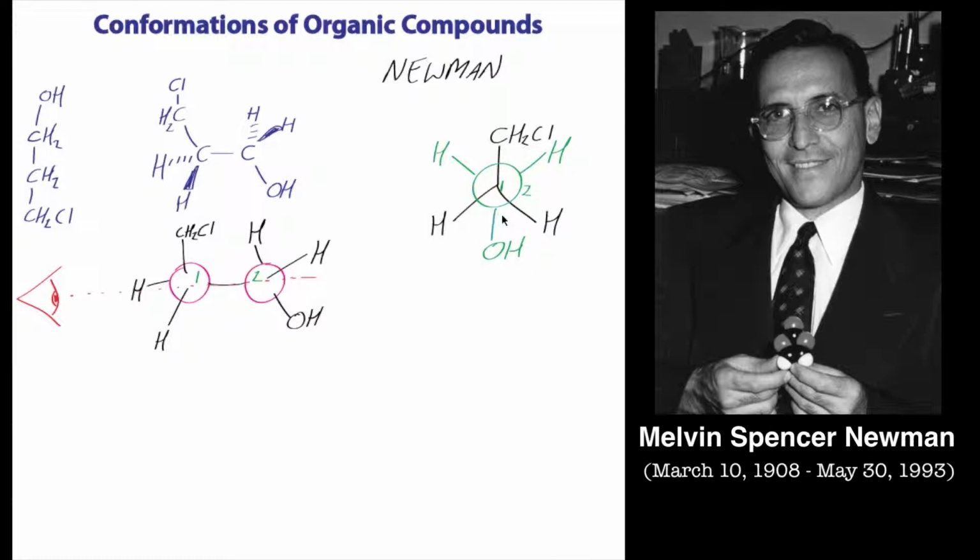Now, if we just basically look at the way the molecule rotates and things like that, if we look at the configuration I've got here, all the atoms of the adjacent parts of the molecule are anti to each other.